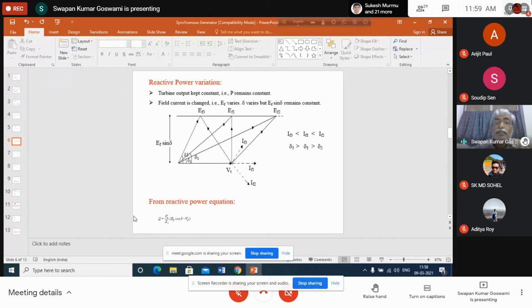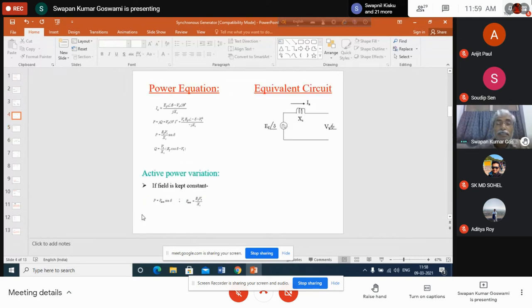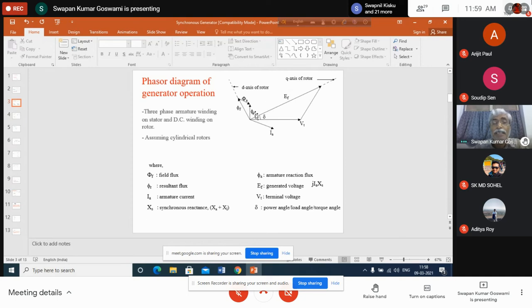Then what happens? You see that in this phasor diagram, phi f has increased, phi a has also increased. As a result, delta is changing. Delta again is the angle between the resultant flux and the field flux. This angle is changing because of the change in phi a, and phi a has increased in our case.